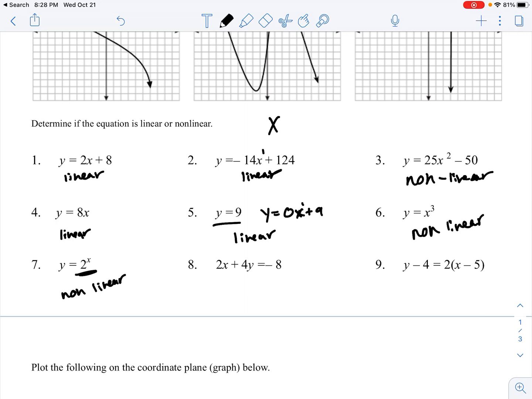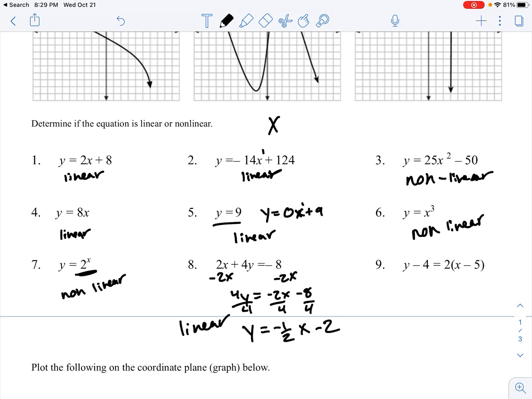On that one, you might have to solve for y to figure that one out. So if I subtract 2x on both sides, I'll be left with 4y equals negative 2x minus 8, divided by 4 on both sides. I would get y equals negative 1/2 x minus 2. I simplified that fraction. That's still an x to the first power.